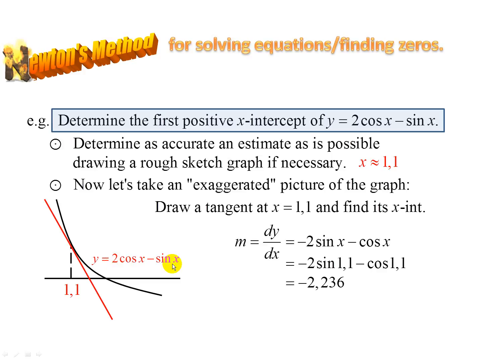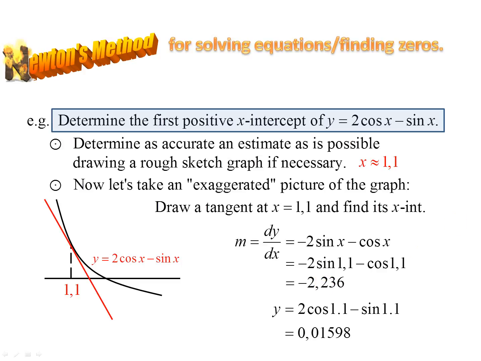And I've differentiated y equals 2 cos x minus sin x. Well, derivative of 2 cos x is minus 2 sin x. Derivative of minus sin x is minus cos x. Substitute 1, 1 in there. Remember that we're in radians and your calculator must be in radians. And there's your answer. So we now have the gradient of that line.